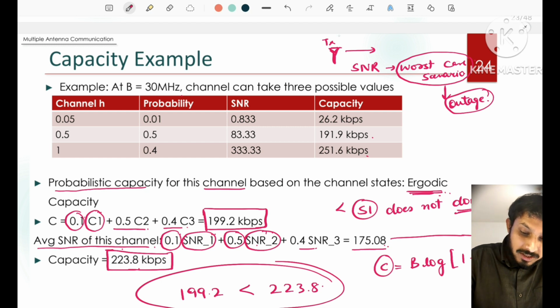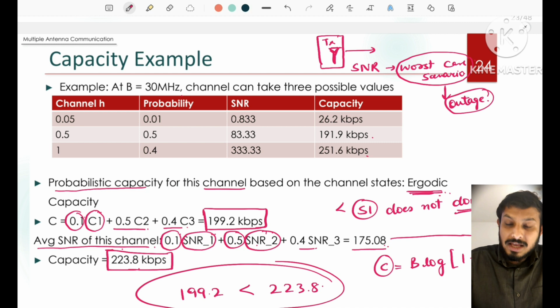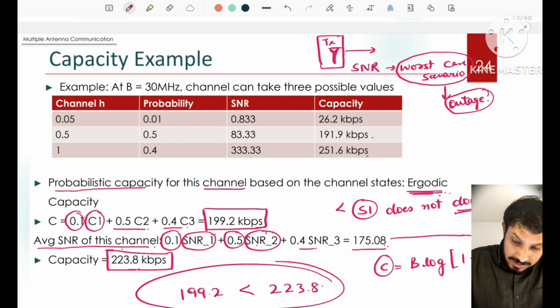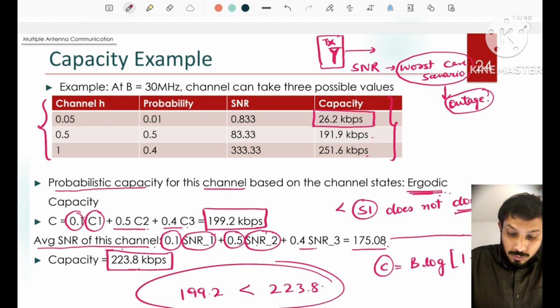So when the transmitter ensures that our system must not go into outage, that means the transmissions should be reliable. And in this case, what capacity should be achieved when the transmitter wants to ensure that there is no outage? It will set a fixed capacity of 26.2 kbps, which is very less.